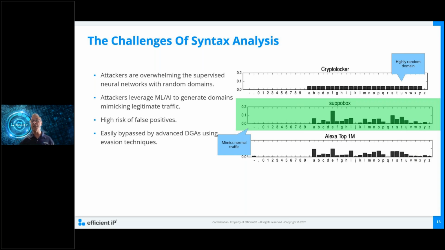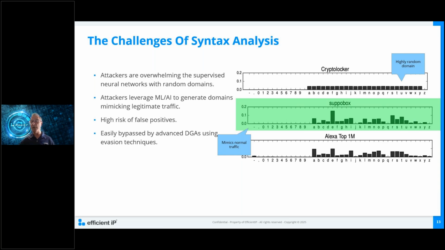Here are the key challenges of syntax-based detection. First, they struggle with highly randomized domains, which overwhelm pattern-based detection systems. You can see in the CyberLocker example that it generated random domains with flat character distribution, making it very difficult to detect.